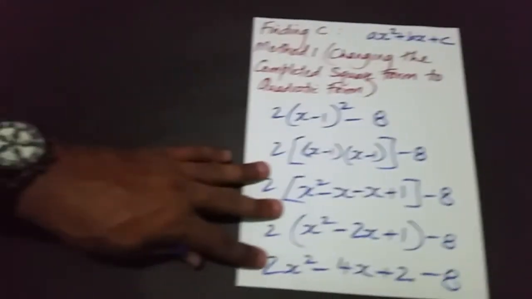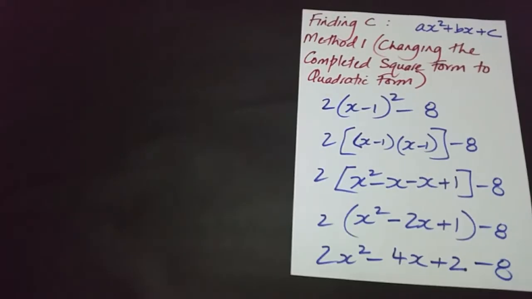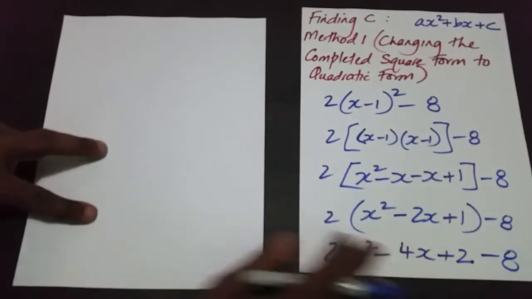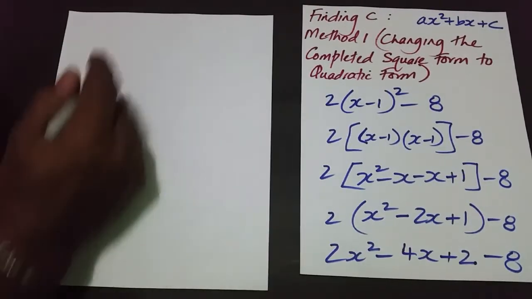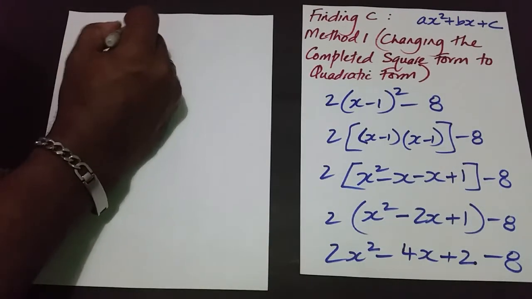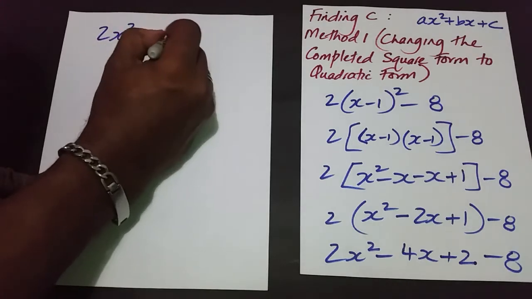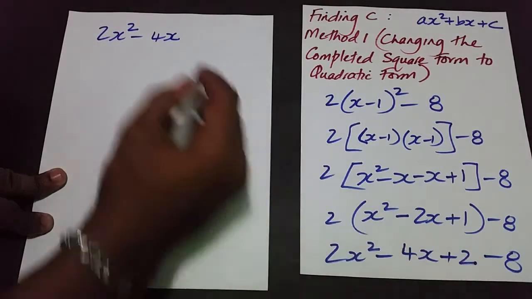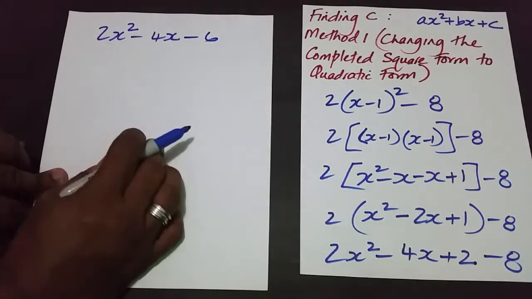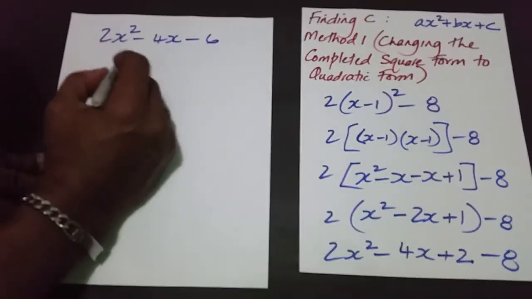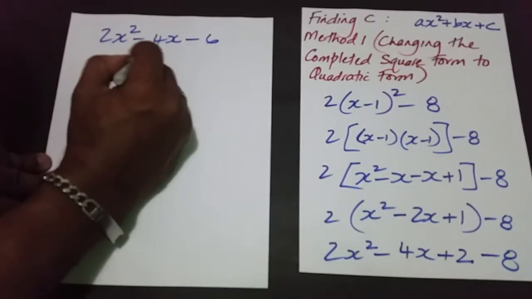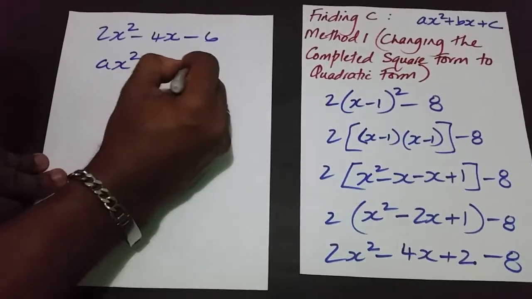So I'm going to proceed to simplify this. So what we have here is 2x squared minus 4x, and of course 2 minus 8 is negative 6. And if you look closely, we have it in the form ax squared plus bx plus c.